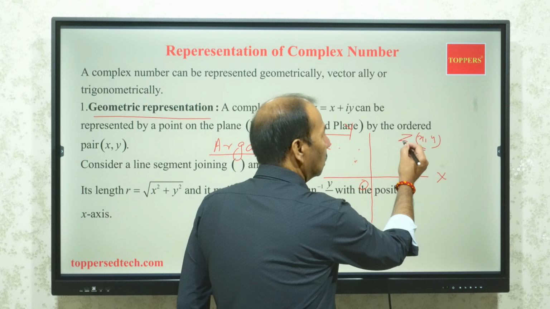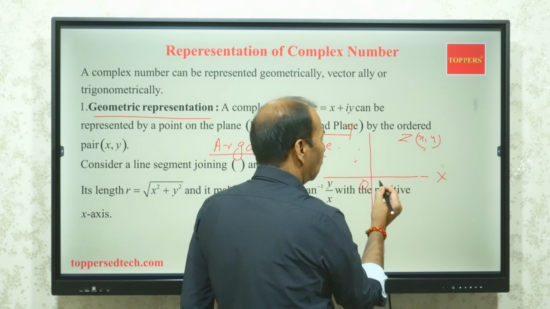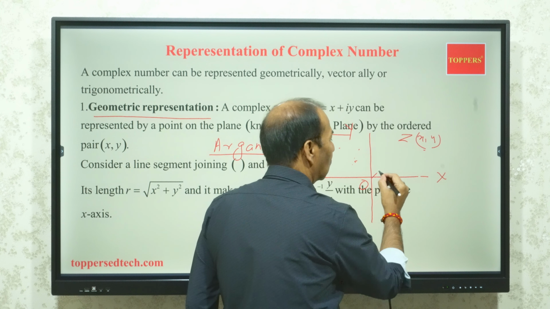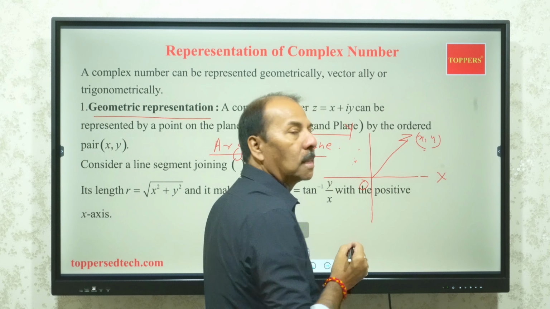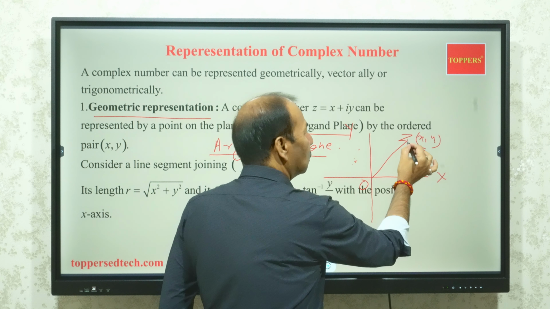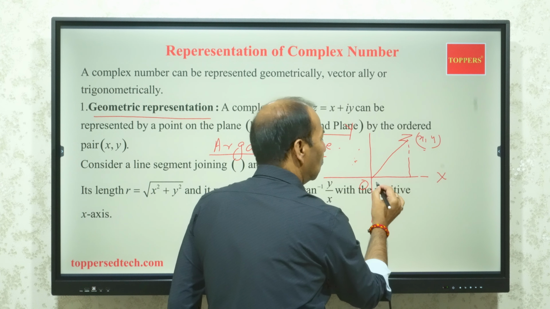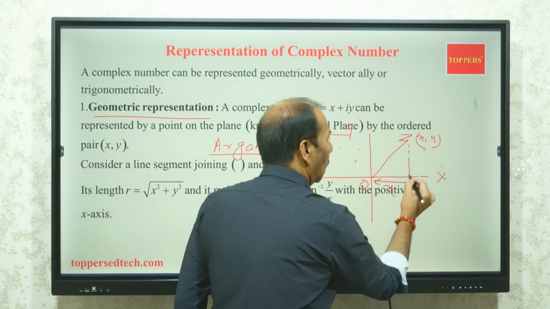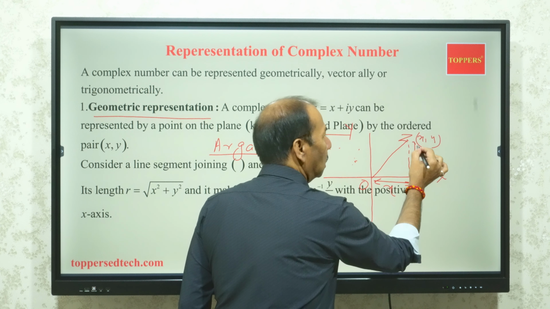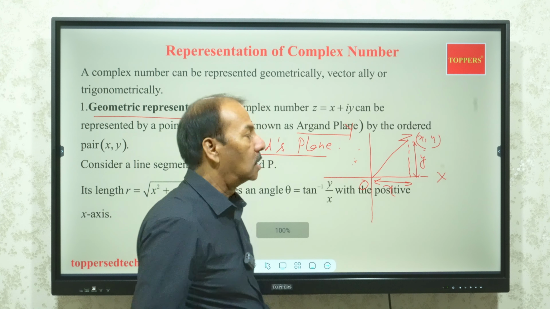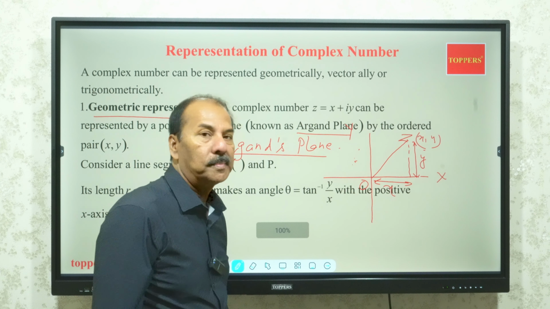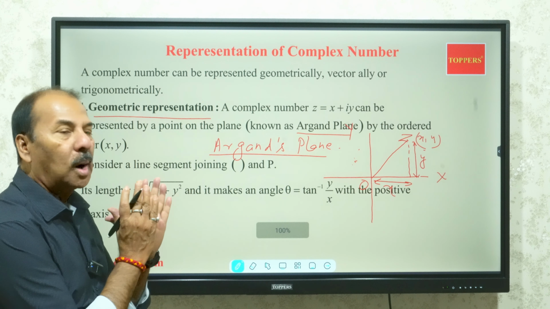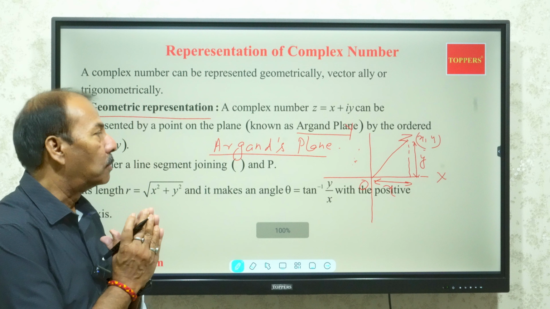Now if this point is z and its coordinate is x, y, and O is the origin, consider OZ. If we drop a perpendicular from here, this part will be x and this part will be y, as we do in simple coordinates. So this is the coordinate representation of the complex number.